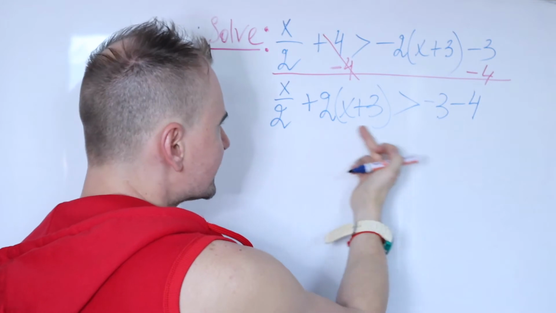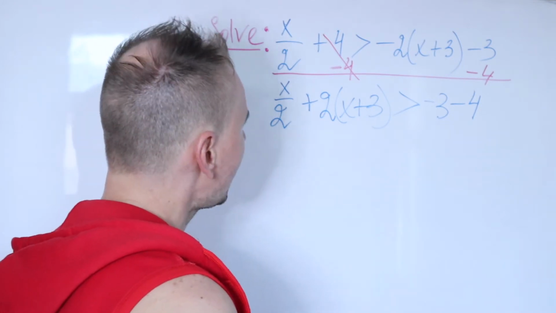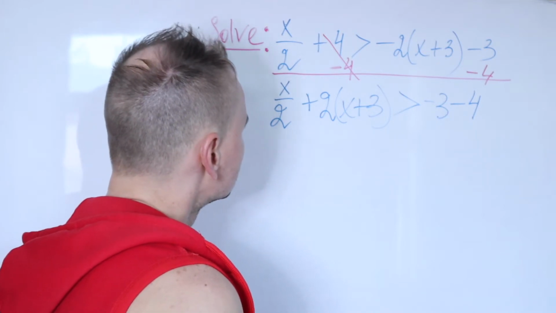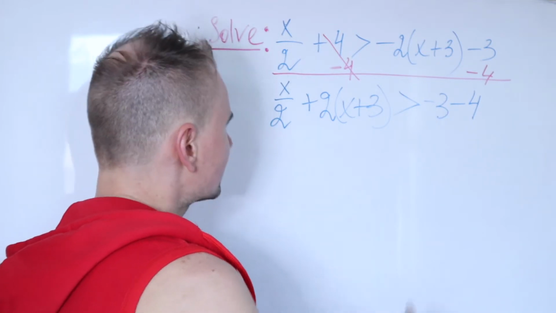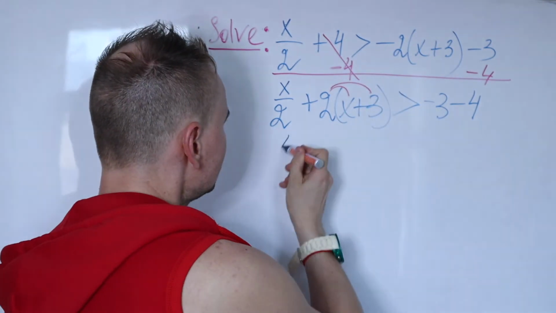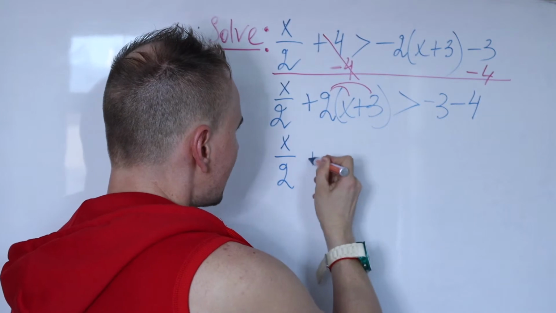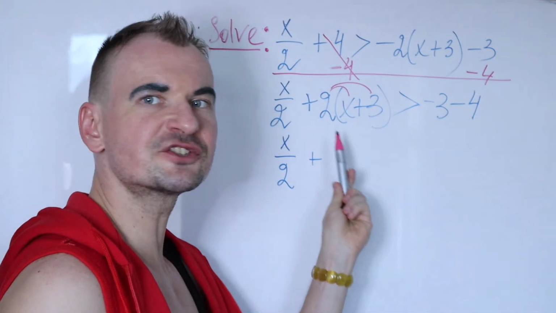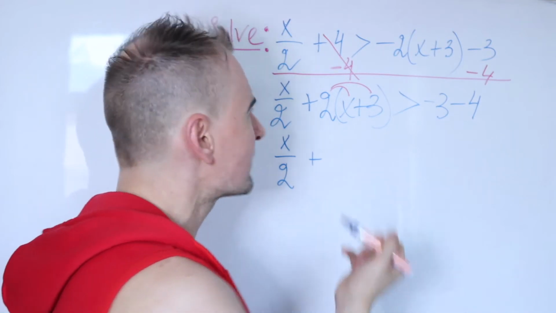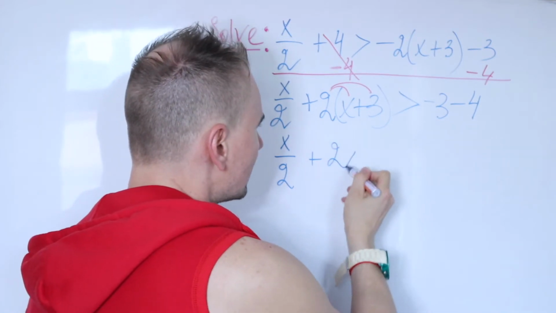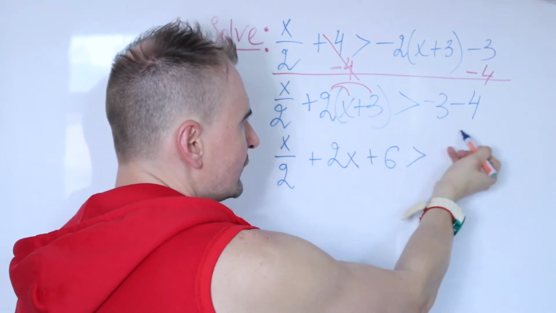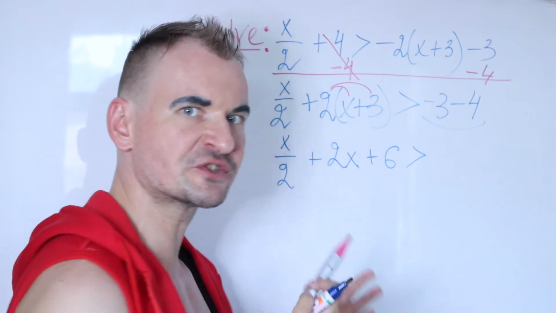Over there, I'm going to distribute this parenthesis first. You multiply 2 by both terms inside. So this 2 applies to both terms inside. By the distributive property, 2 times x gives you 2x, and 2 times 3 gives you 6. And you need to combine these two numbers.